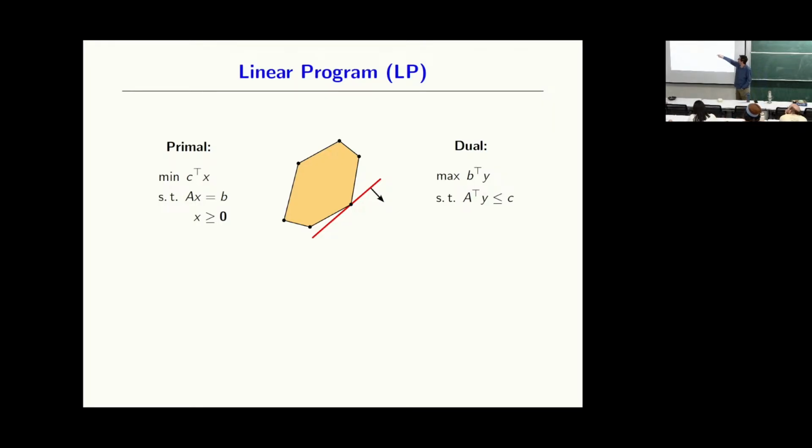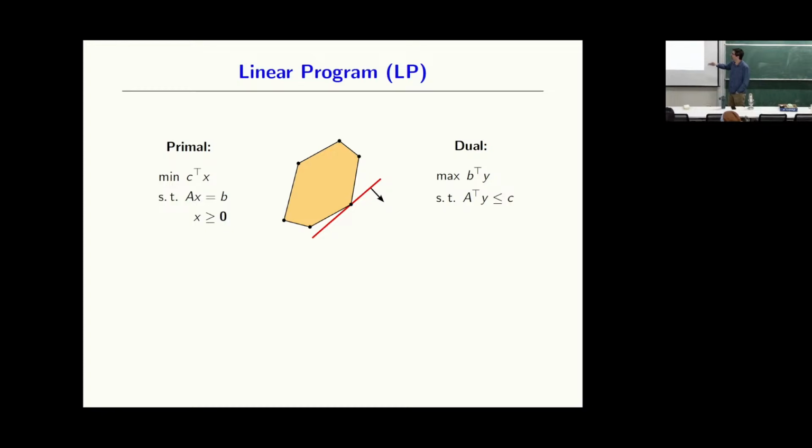And just for your general knowledge, we won't go too deeply into this. Every linear program has a dual linear program where the solutions to the dual give you lower bounds on the value of the primal. And as long as both sides are feasible, they have the same value. So this is some general duality principle.